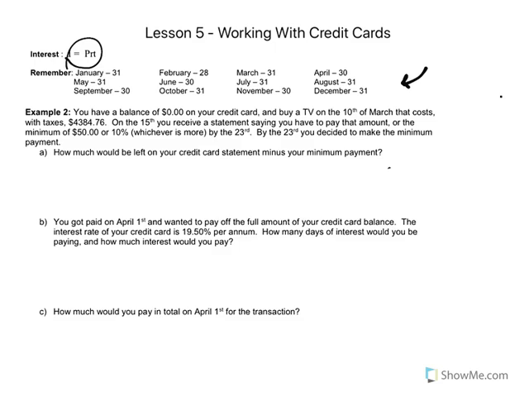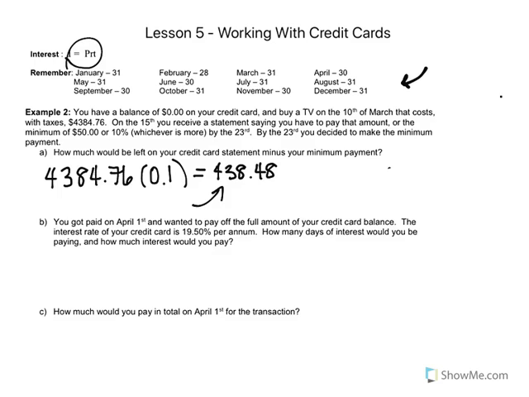How much would be left on your credit card minus your minimum payment? So we're going to figure out if $50 is more or if 10% is more, because you have to pay whichever is more. So we're going to take the total and times it by 0.1, which is going to give us our 10%. And that would be $438.48.